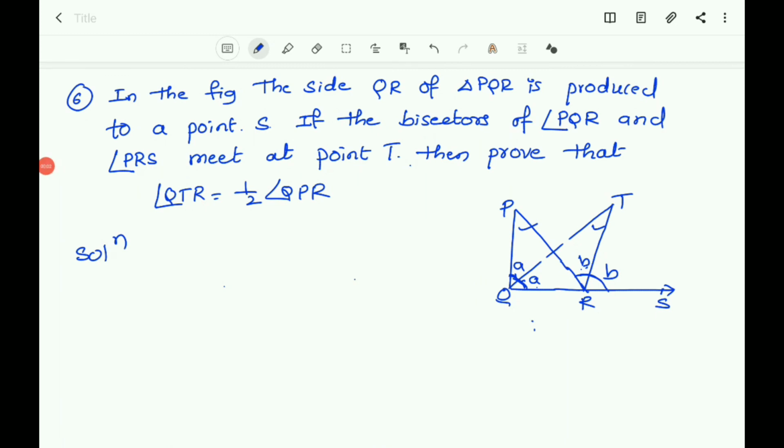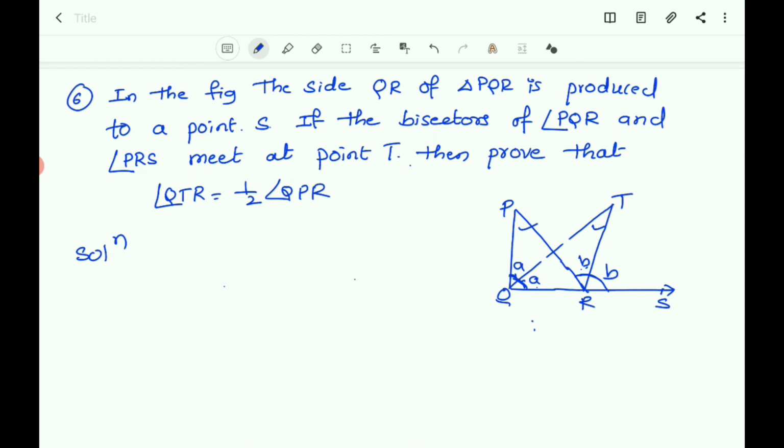Now let us come to the sixth question. In the figure, the side QR of triangle PQR is produced to a point S. If the bisectors of angle PQR and angle PRS meet at point T, then prove that angle QTR is equal to half angle QPR.